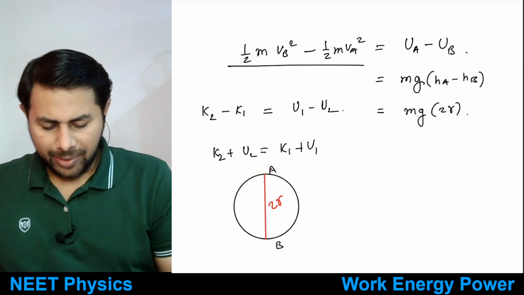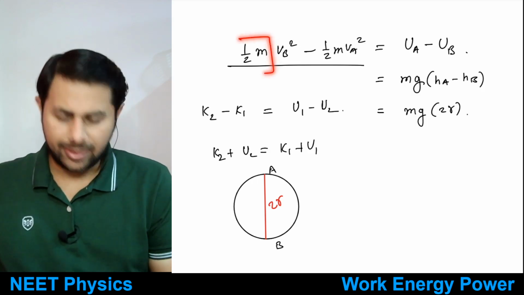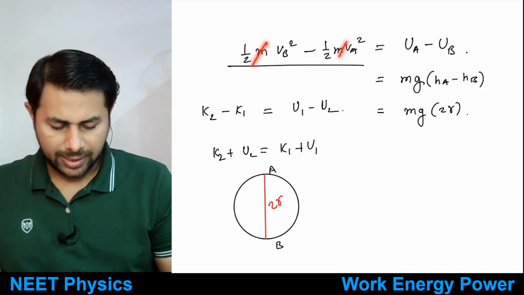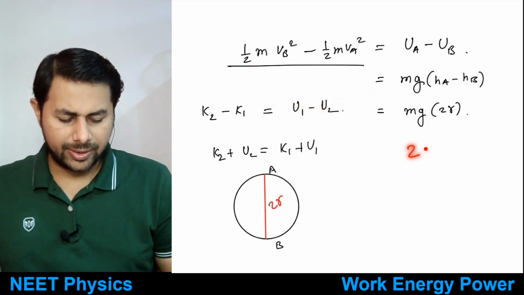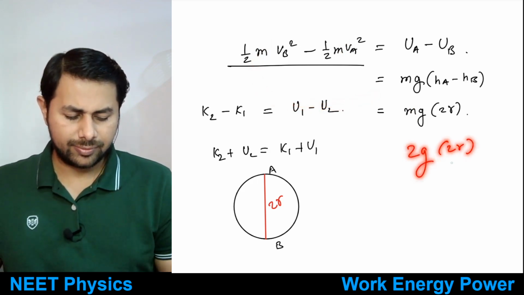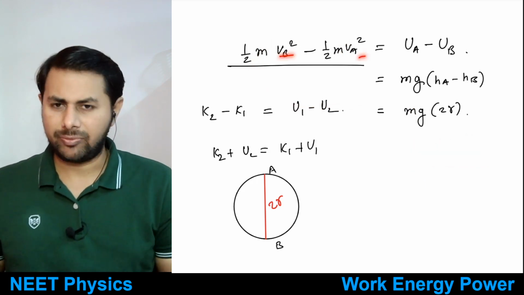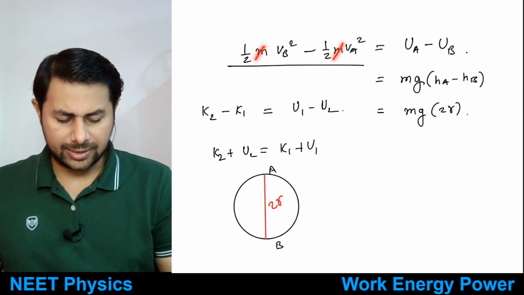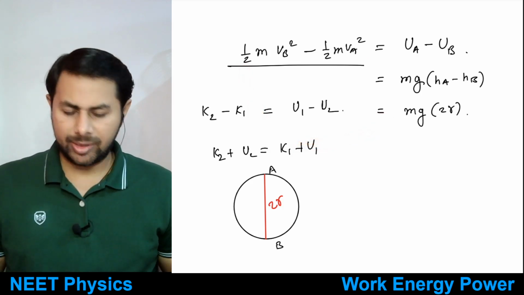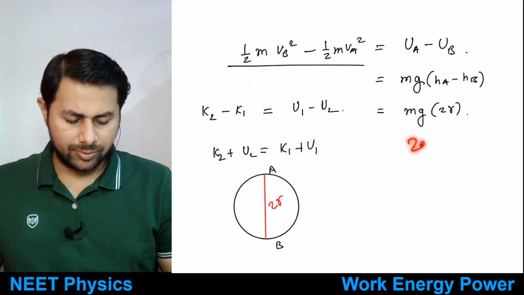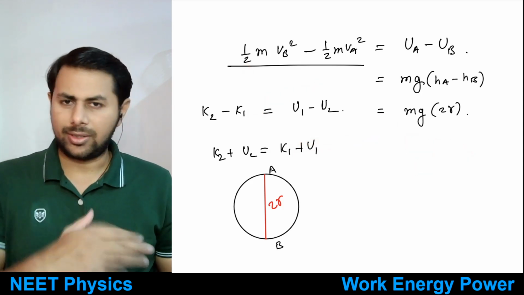So then if I just want vb square minus va square, I can take that half m common, cancel out m everywhere, then move that 2 to the other side, so I get 2g times 2r. Is this clear? vb square minus va square would be equal to, cancelling m on both sides and moving that 2 from the denominator to the other side, 2 times g times 2r.